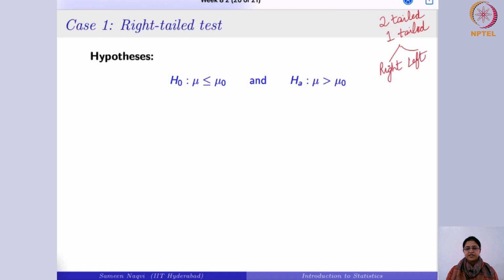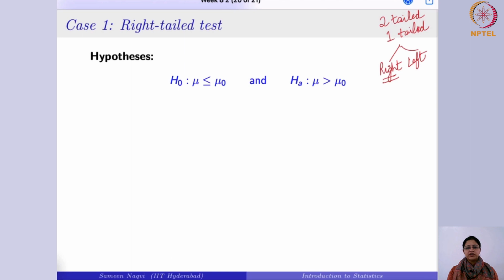When we say right-tailed test, it aligns with your alternative hypothesis that you are looking at values which are greater than the threshold value. Likewise, the left-tailed test is just the reverse. There the alternative is that we are just interested to see whether the population parameter is less than the hypothesized value or not.